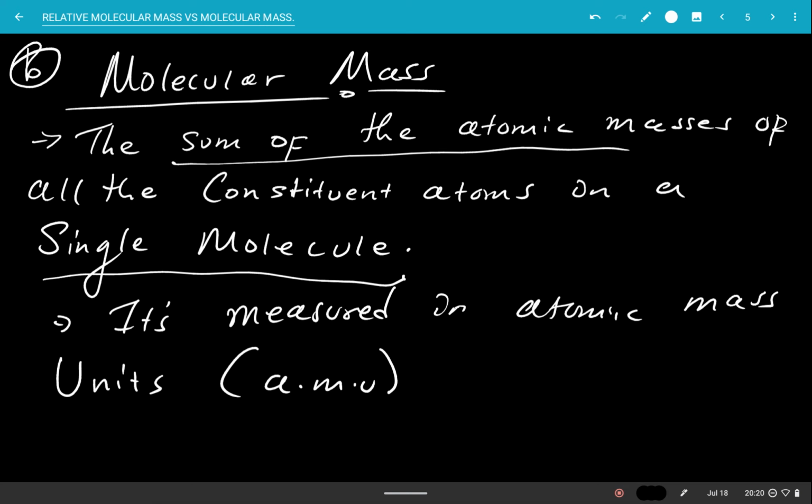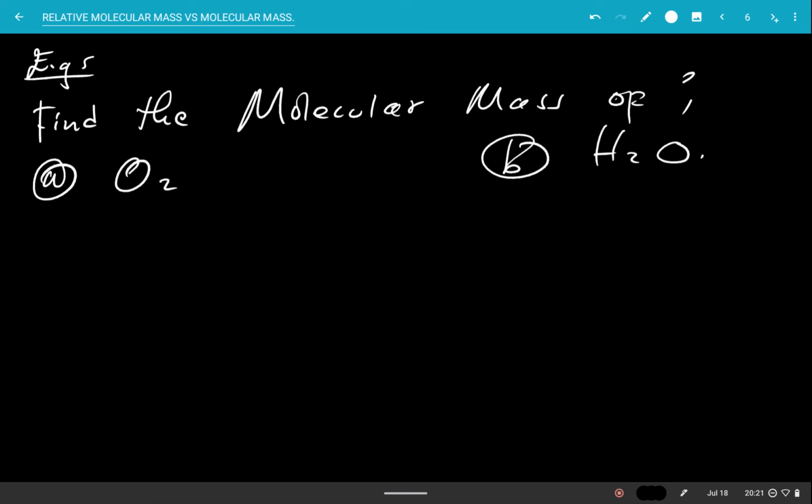It literally just determines the mass of a single molecule. Unlike relative molecular mass, molecular mass will have units, and it is measured in atomic mass units, the AMU. So in most cases, you would have a question where they say find the molecular mass of oxygen and that of water.